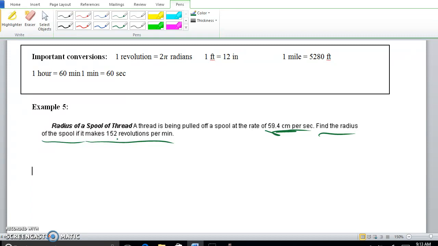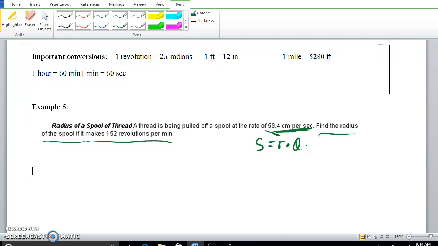So right here, they're giving you a distance per second, okay? And so that's actually equivalent to arc length, because you've got your spool of thread that's a cylinder and it keeps getting pulled off of that. So the formula for arc length, we use S is equal to the radius times theta.